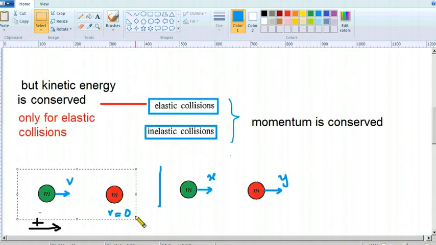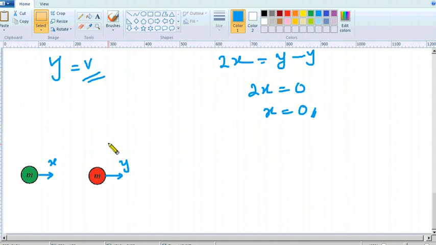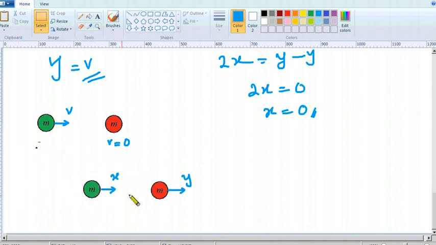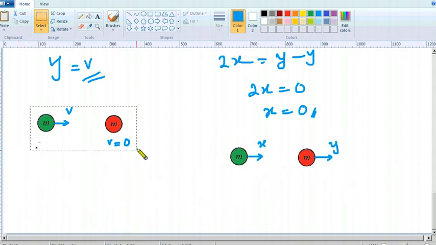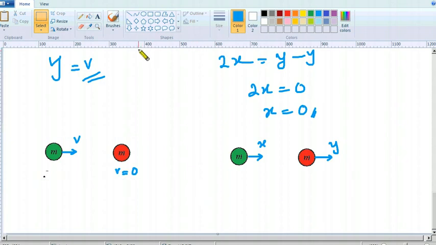Before the collision, this one after the collision here, what happens? x equals 0, y equals v.